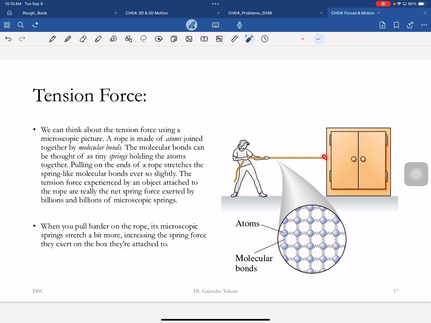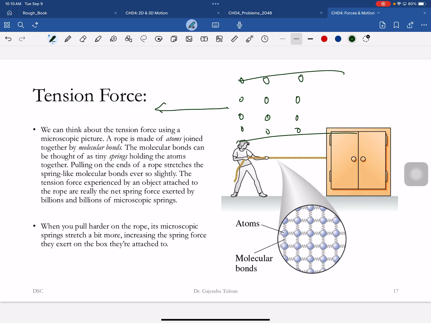So when you pull on this object with this rope, you can think of it as the following. Okay. So now I'm going to draw a bunch of atoms. So here's the rope, and you're pulling on the rope like that. Okay. So the forces between the atoms can be modeled as springs.